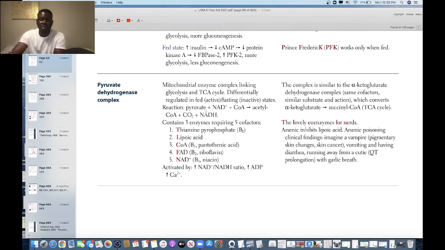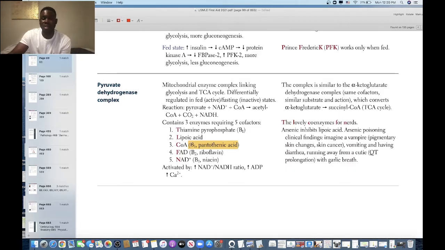The reaction is pyruvate plus NAD plus coenzyme A giving us acetyl CoA plus carbon dioxide plus NADH. You just have to know that the pyruvate dehydrogenase complex has all these things in it. So we have thiamine pyrophosphate, we have lipoic acid, we have coenzyme A, which is vitamin B5. Sometimes they just ask about vitamin B5 and don't mention coenzyme A.